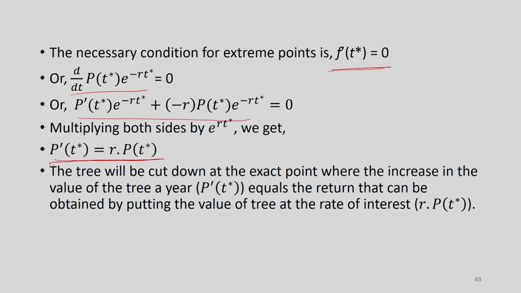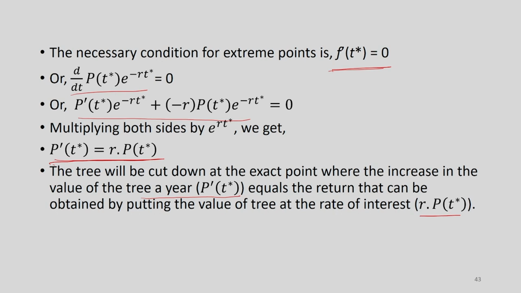Let us try to understand this condition. It says that the tree will be cut down at the exact point where the increase in the value of the tree in a year, P dash t star, which is the change in the value of the tree as t changes by a little around that t star point, is equal to the return that can be obtained by putting the value of the tree at the rate of interest, R multiplied by P of t star.